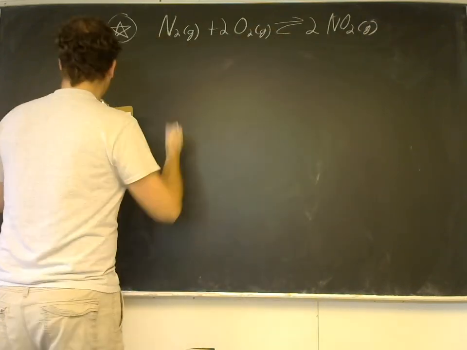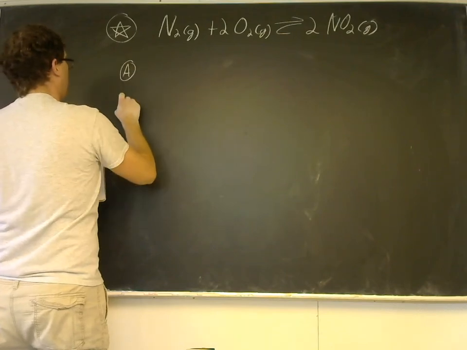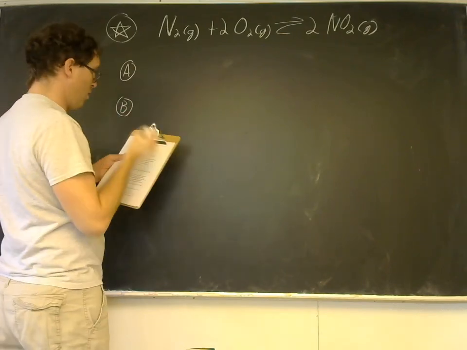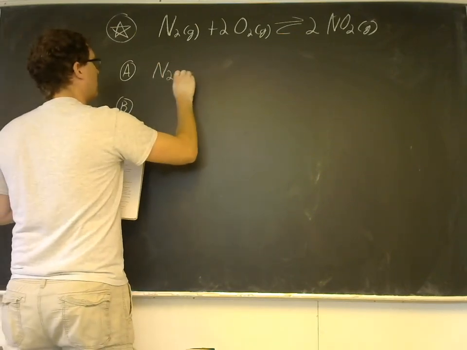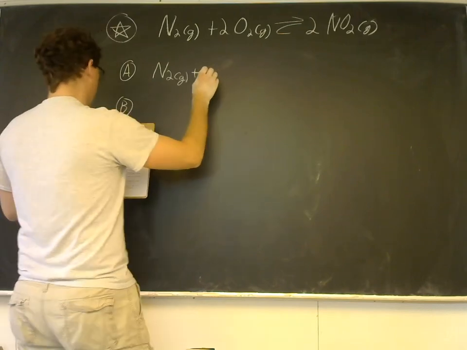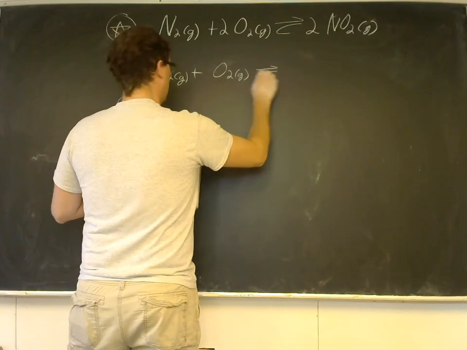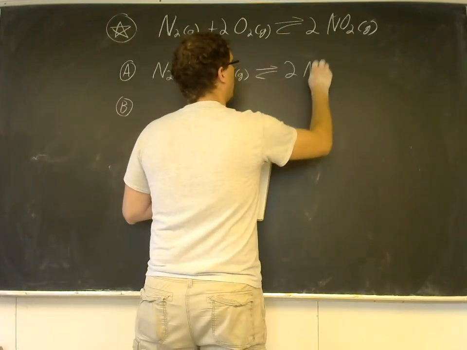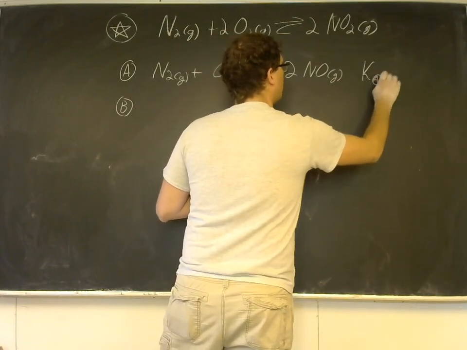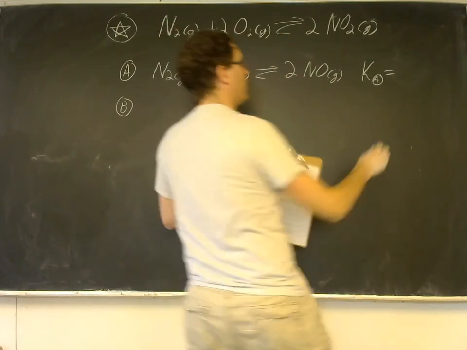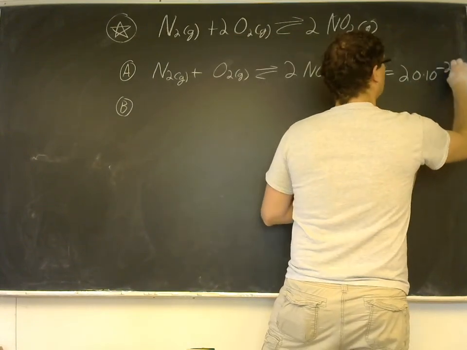And I need to recreate this reaction from 2 reactions that I know the equilibrium constant for. So N2 gas plus O2 gas in equilibrium with 2NO gas. This has a K value of 2.0 times 10 to the negative 25th.